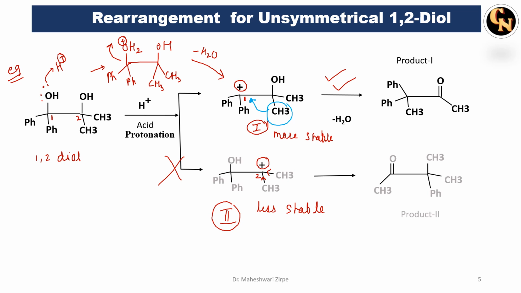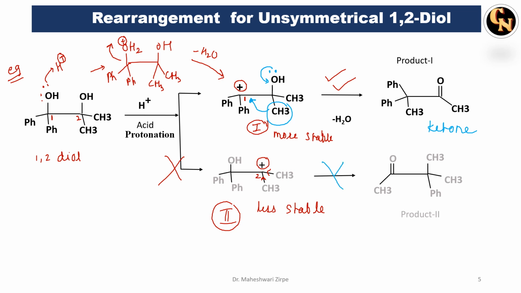This way you get the rearranged product and a ketone will be formed. So you know how the rearrangement takes place. Oxygen donates its lone pair, and CH3 is rearranged here, and this way you get a ketone, or pinacolone.